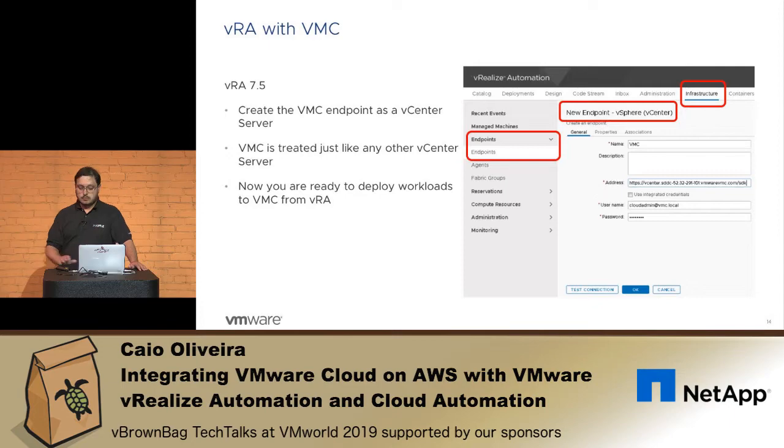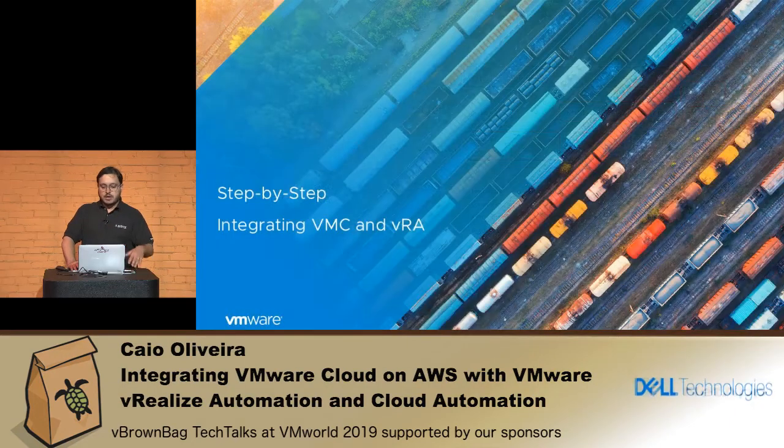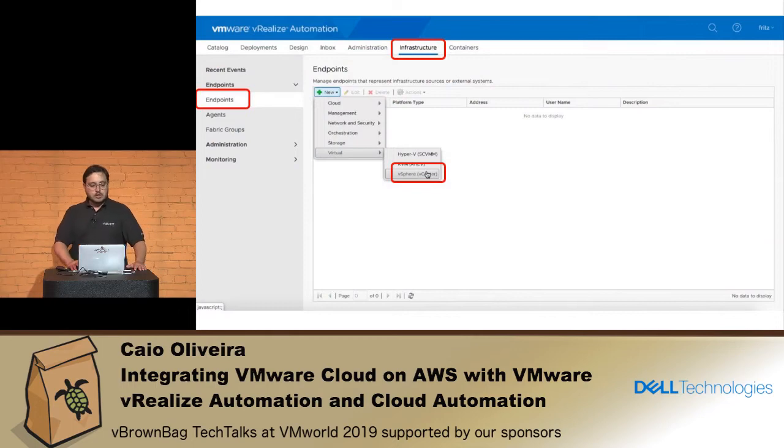Then it's done. Right? I will dig into that step by step on how to do it, right? So let's do it. I have a lot of screenshots here, so follow me. So the first part, as I pointed out, we have to go to Infrastructure, go to Endpoints, and create a vSphere vCenter endpoint.